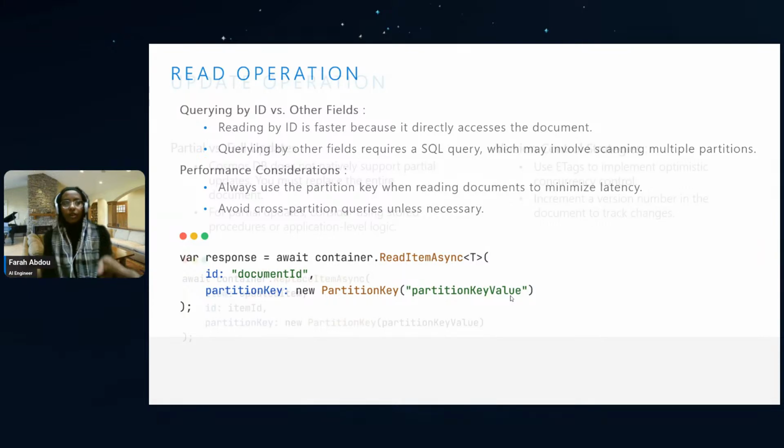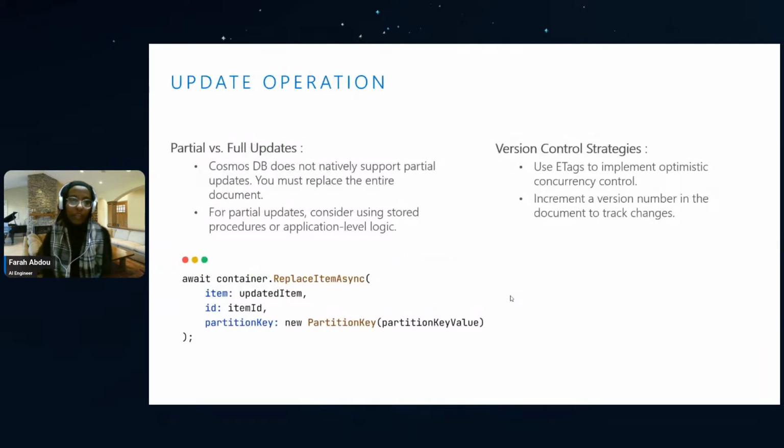I will go through the update and delete, and then we will have our demos. For update, we will be using ReplaceItemAsync in our snippet of code right here. Here we have partial versus full update. Cosmos DB does not natively support partial updates, so we need to replace the entire document if we change something in our documents.